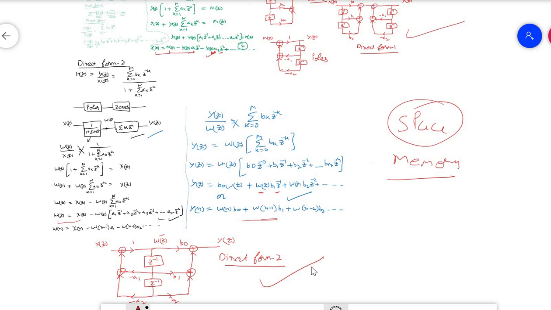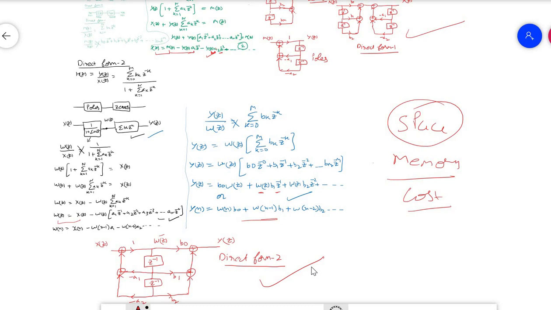Now regarding the cost, the cost is more for direct form 1 and less for direct form 2. So direct form 2 gives very good results, and always we prefer the direct form 2 structures. This is all about the basic concepts of direct form structures.